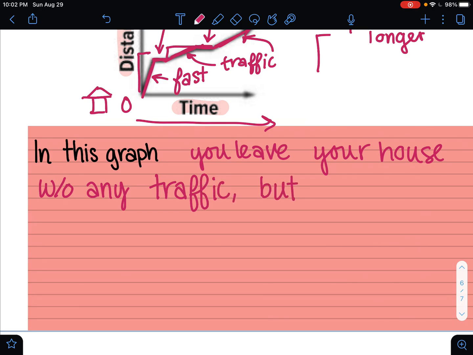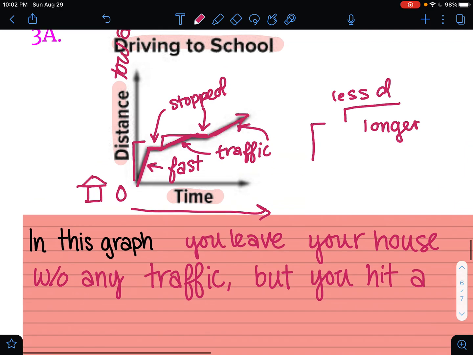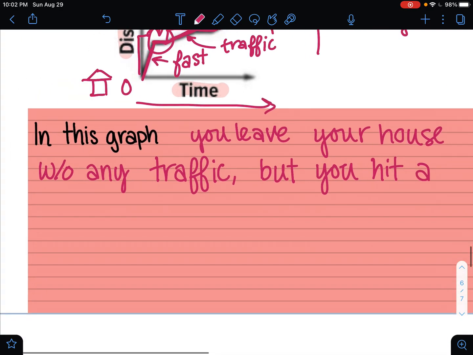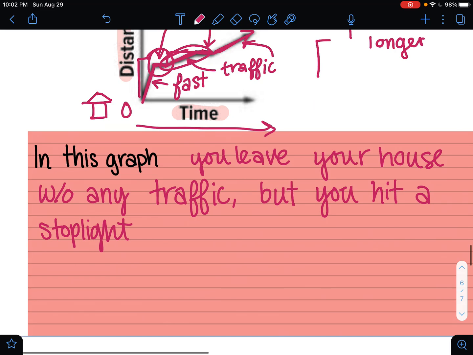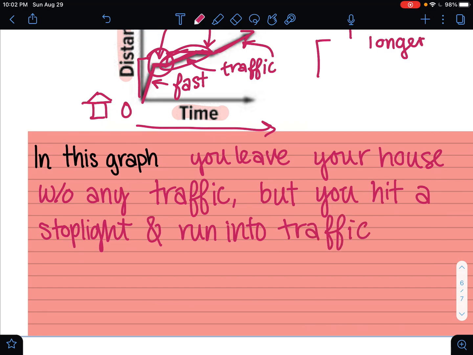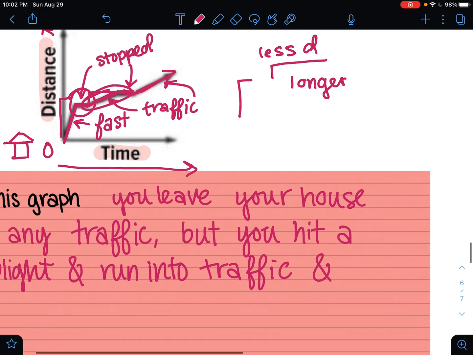But you hit a stoplight, which is this first initial stop here. And then you run into traffic. And then are stopped again.